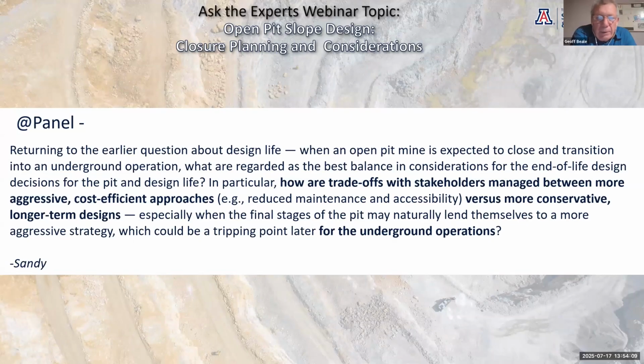A good example is New Afton, where they've actually put tailings and closed the pit while caving underground. That was a decision which made a lot of sense, but it's a balance between getting the pit closed and an efficient underground operation. So it's a complicated question. I hope I've thrown a bit of light on that. Somebody else can have a go at it.